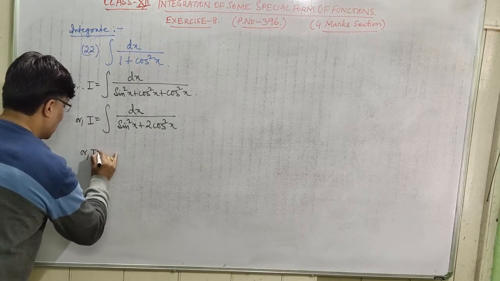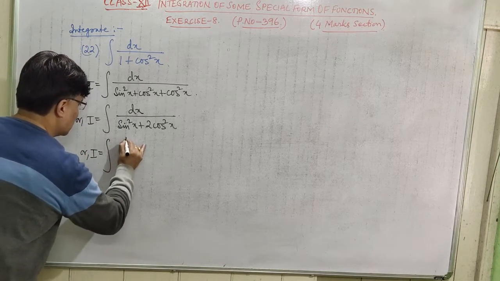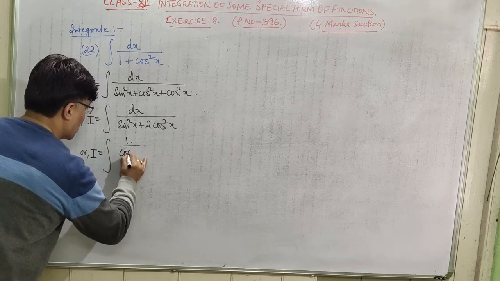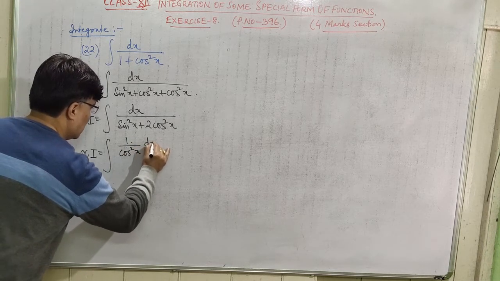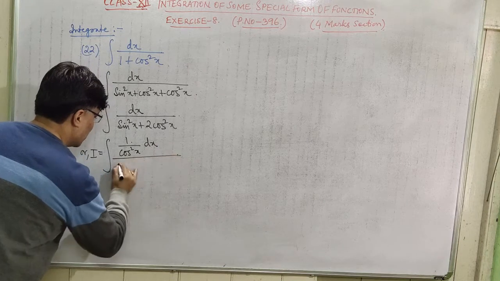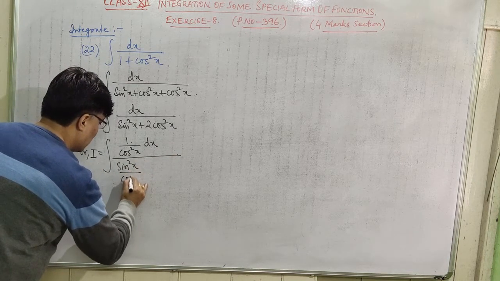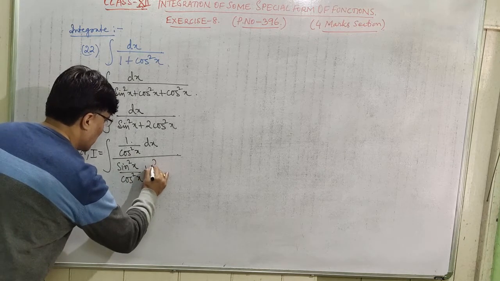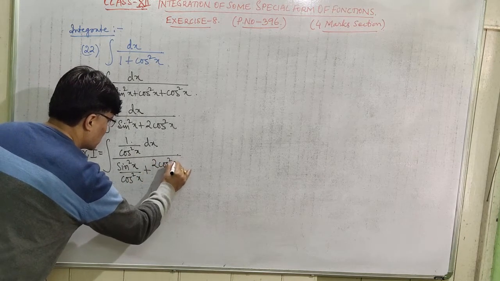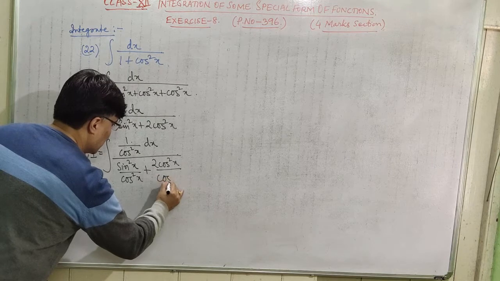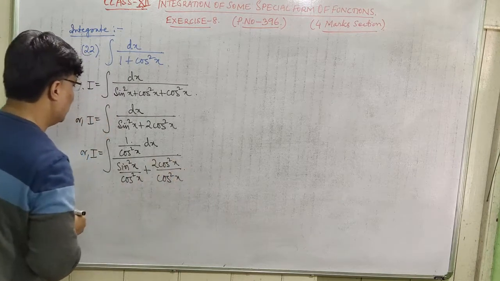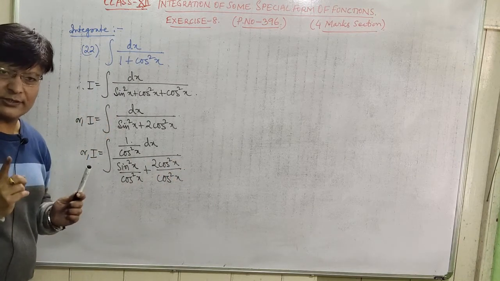So, or I is equal to integration of, this is 1 by cos square x dx divided by sin square x divided by cos square x plus 2 cos square x divided by cos square x. Understood now?